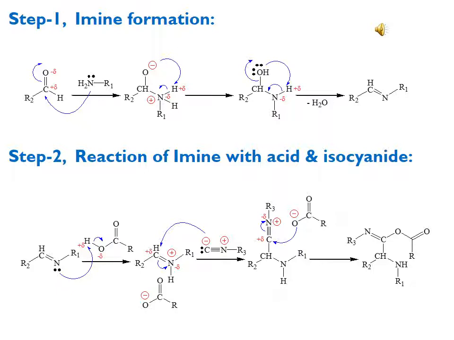One is the carbon of the isocyanide functionality, and the other is the oxygen of this carboxylate anion, which is balancing the positively charged nitrogen of this protonated imine moiety. So why is the nucleophilic attack through the carbon of isocyanide and not through the oxygen of the carboxylate ion? Because the nucleophilic character of carbon here is greater as compared to that of oxygen.